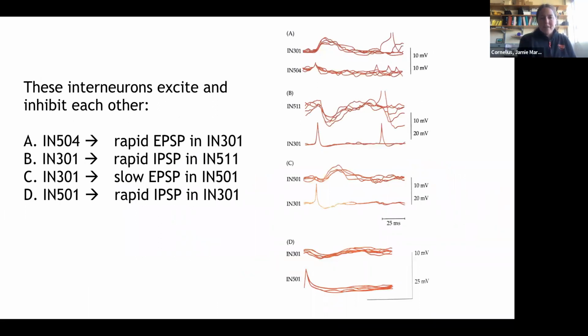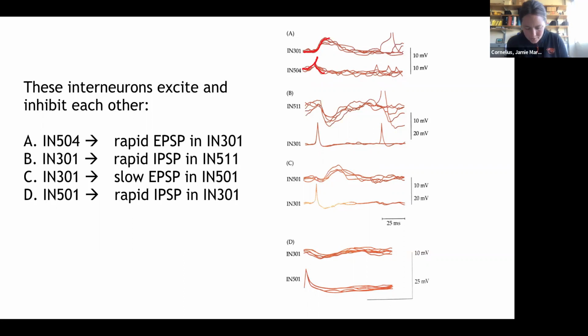So it starts to get complicated really fast. This is just showing how some of these different components of the central pattern generator can impact each other. In the top trace, you can see that interneuron 504 fires an action potential right there, and then shortly thereafter, interneuron 301 has an EPSP. So 504 excites 301.